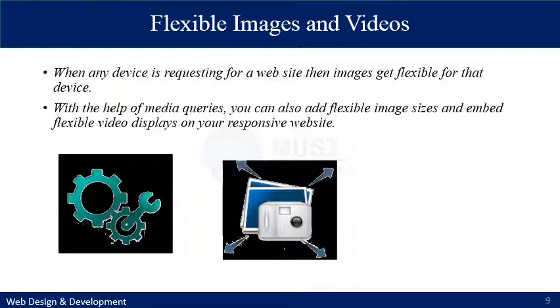This can be very easy to resolve using media queries. With the help of media queries, you can also add flexible image sizes and embed flexible video display on your responsive website. Media queries are very helpful for you to design your website in a responsive manner. We will discuss media queries in a later slide.